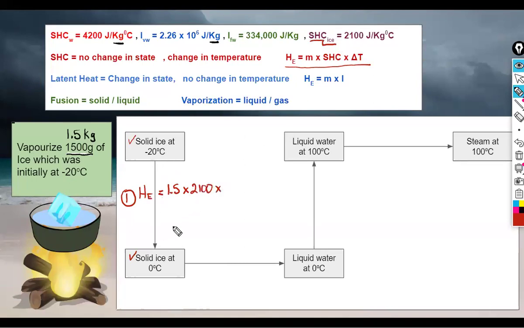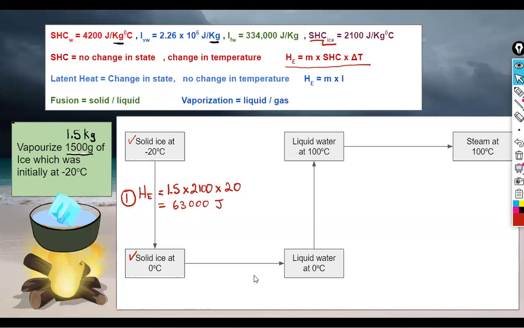And the change in temperature is 20 because it went from 20 to 0. And last week, I told you all to always assume the temperature change is positive. So do not put minus 20 here. Let's see what we get. 1.5 multiplied by 2,100 by 20. How much people got this for the first part? 63,000 joules. For the first part, 63,000.